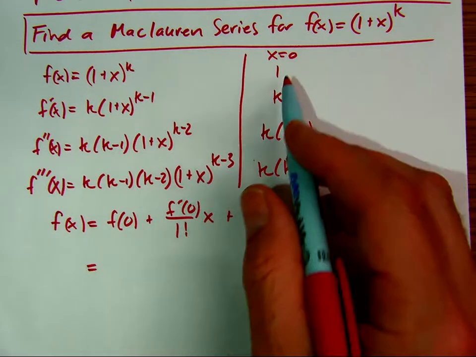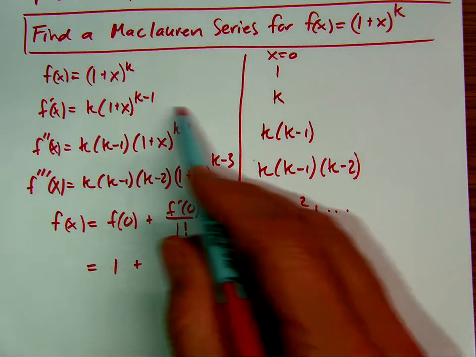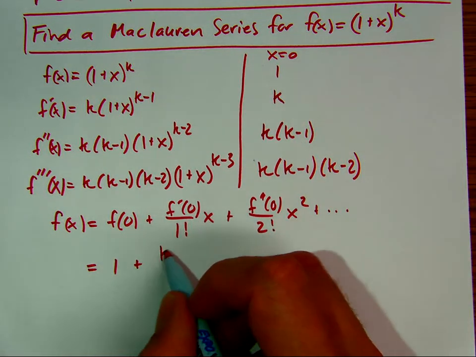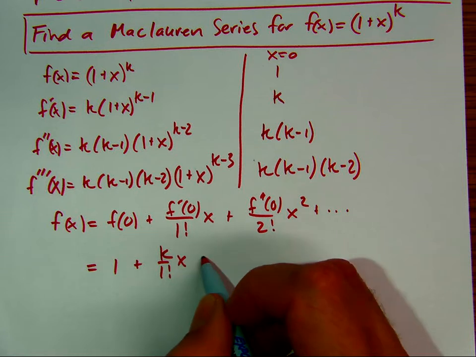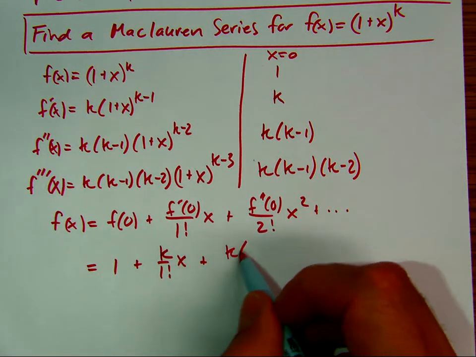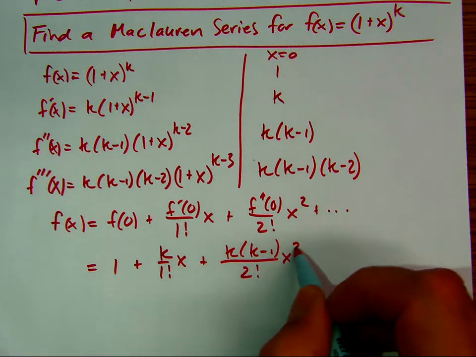F of 0 is 1, so we'll start with 1. F prime of 0 is k. So we have k over 1 factorial x. F double prime is k times k minus 1, over 2 factorial x squared.